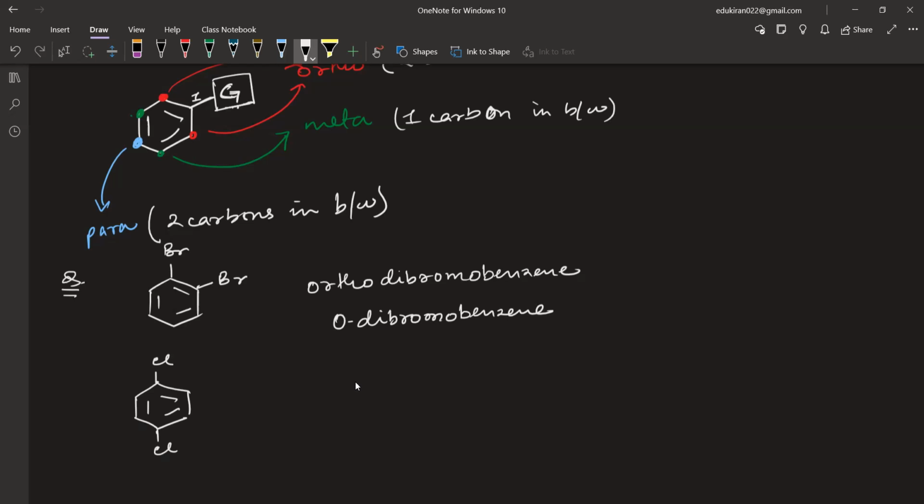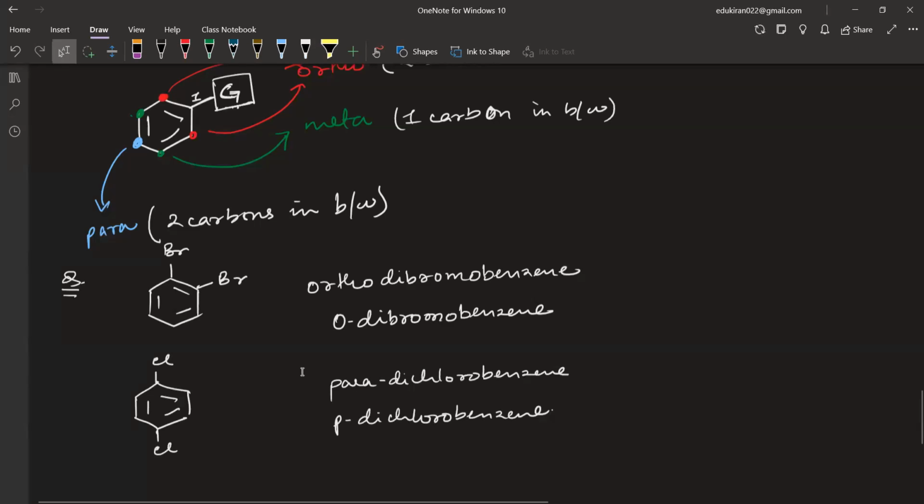Correct. A para dichlorobenzene. Okay. Is this clear till here? Yes or no, please tell me. Yes, sir. Good.